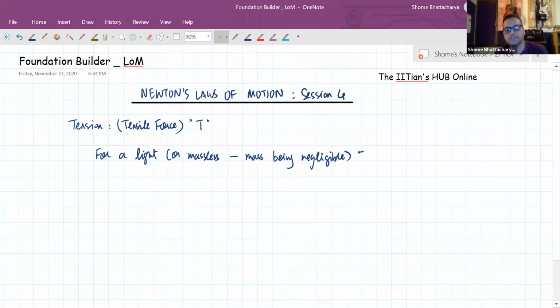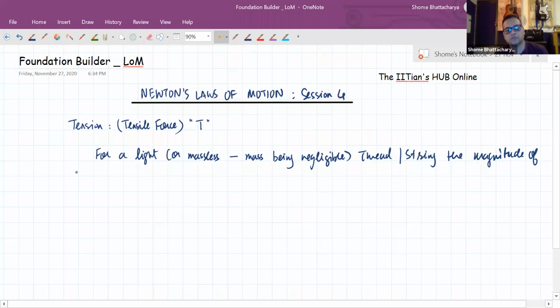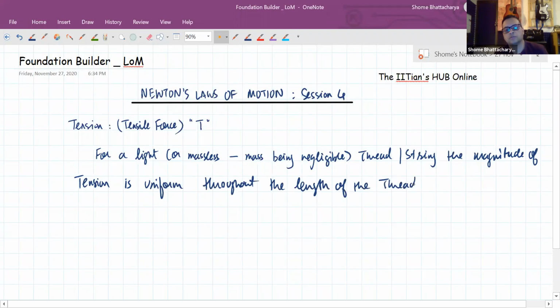So for a light thread or string, the magnitude of tension is always uniform throughout. This is what we had discussed last time.